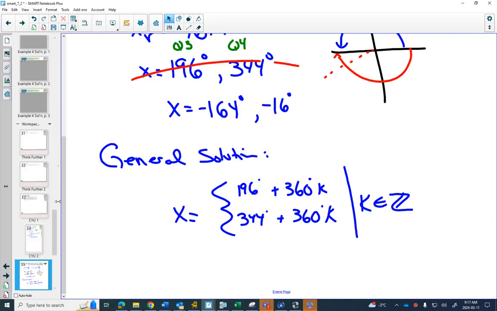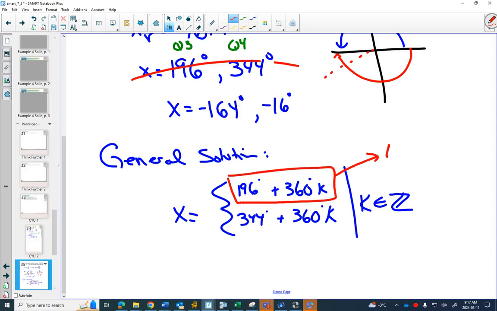Because the general solution, what this means in the red box, that's all the coterminal angles with 196 degrees. And negative 164 is coterminal with 196. So if I started with the negative 164 and did all the coterminal angles with negative 164, it would include 196.